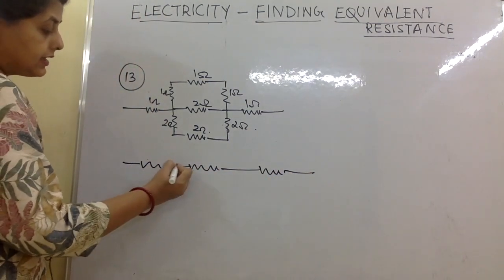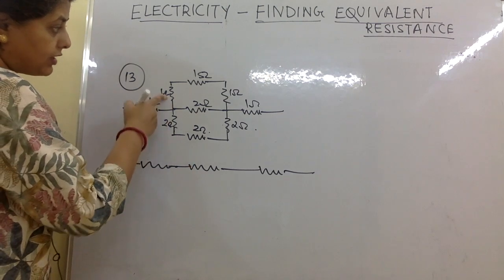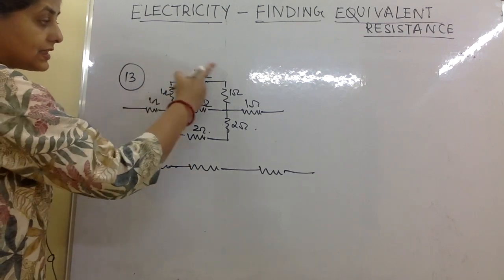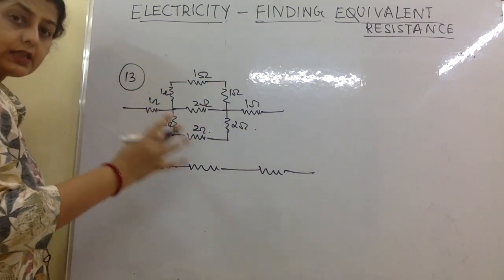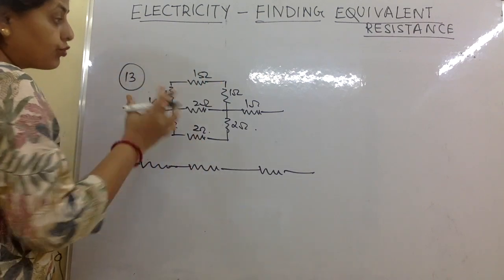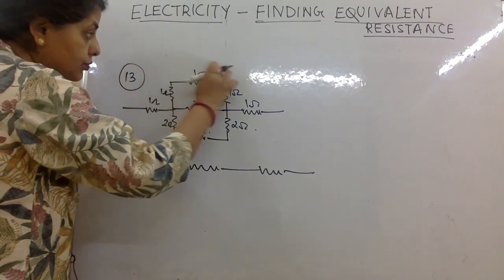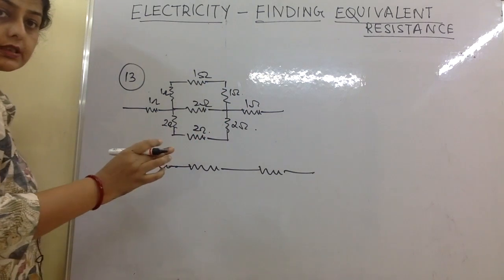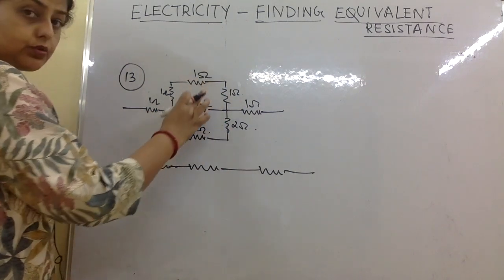like this, and then from here I can write 1 plus 1 plus 1 because this is a series. Okay, here the current is not getting bifurcated into any other line. How do I understand if it is in series? If current is going through this, it has to pass through this and has to come down through this. Okay, here also current going through this will pass through this and will go through this.